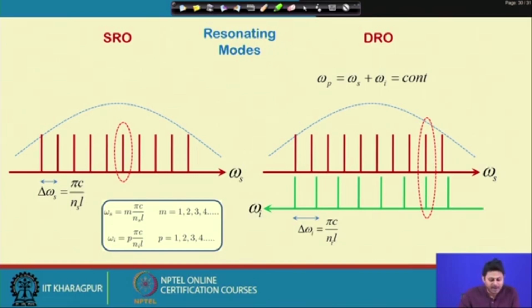So, in SRO what happens, these are the allowed modes, this is interesting. In SRO these are the allowed modes represented by the vertical lines on the omega axis, the frequency axis, and which modes are allowed can be figured out with this expression. For these allowed modes, the question is which should really resonate. There are many modes, all these things are there.